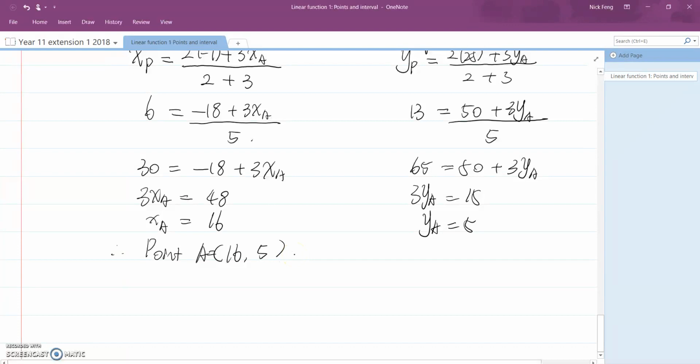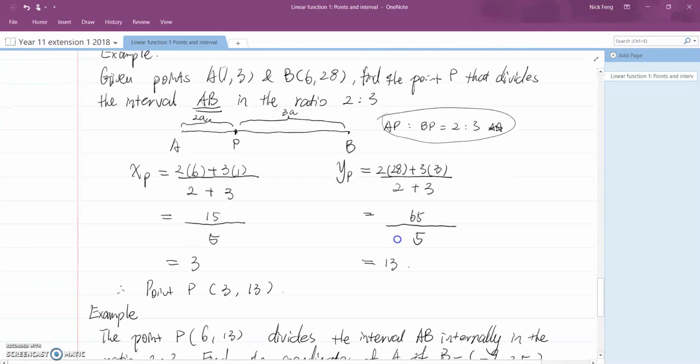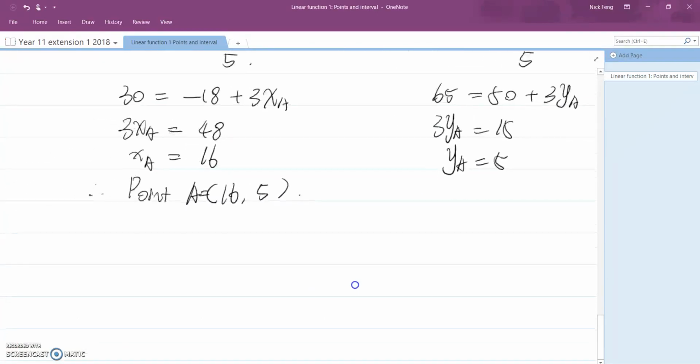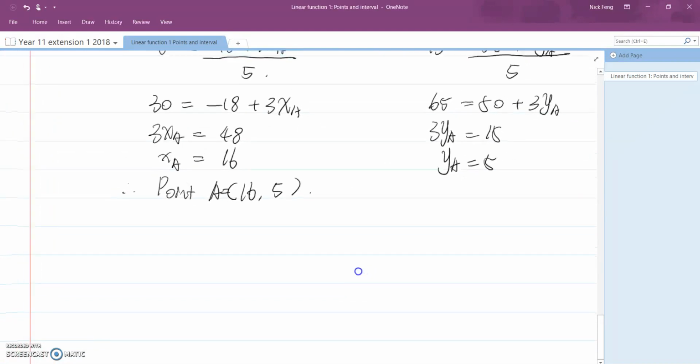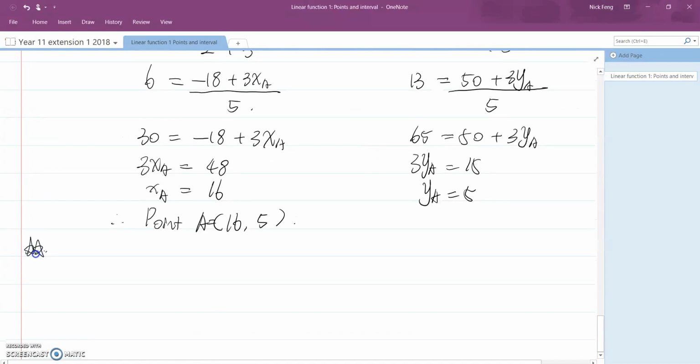Okay, so here is some generic example about using the division points formula. And now here is the second case, which is a little bit more complicated. External division points.